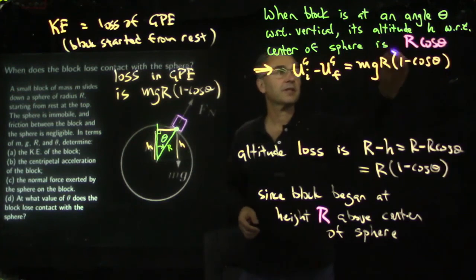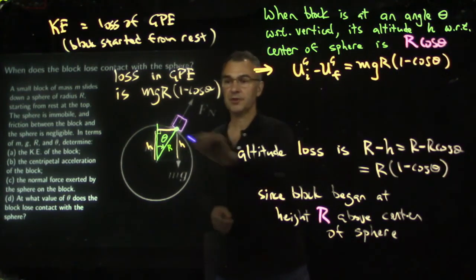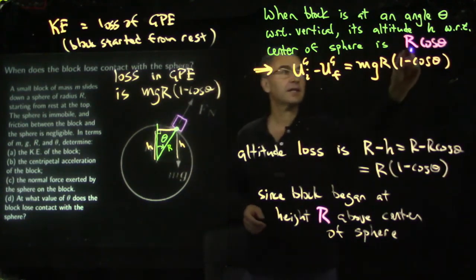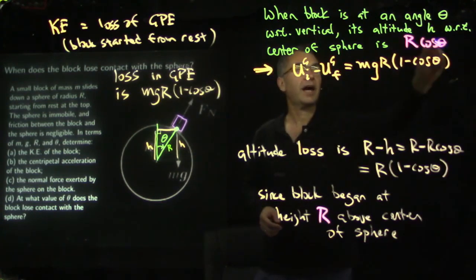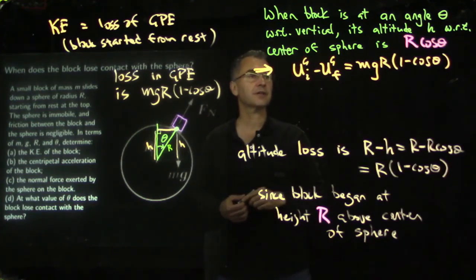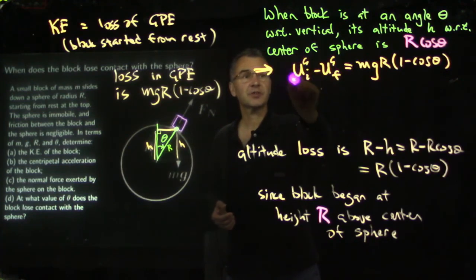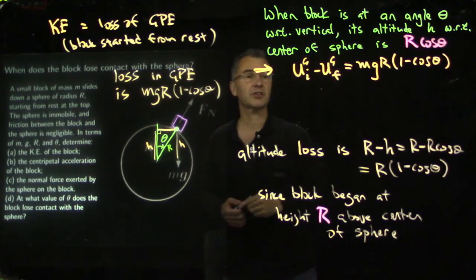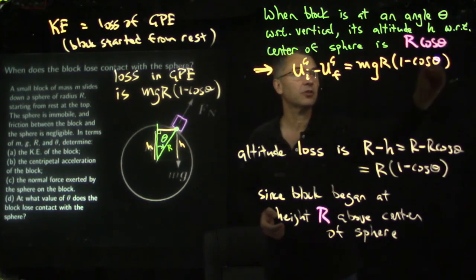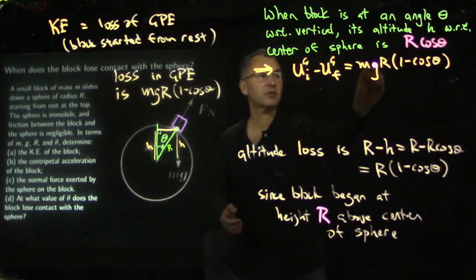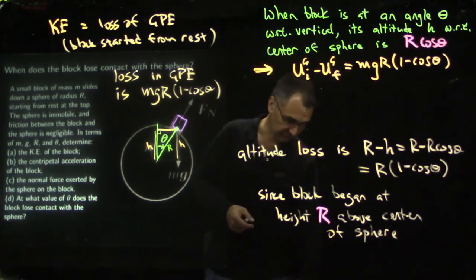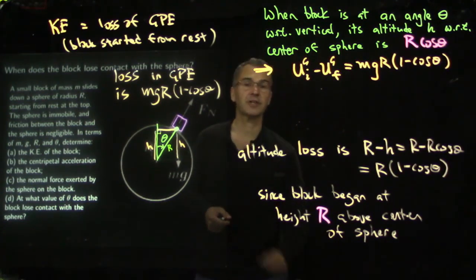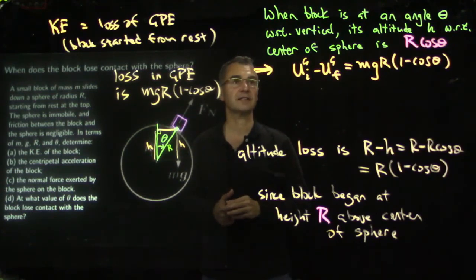So the block started out at a height r above the center of the sphere, and now once it's at an angle theta with respect to the vertical, it is at a height r cosine theta with respect to the center of the sphere. So the initial gravitational potential energy minus the final gravitational potential energy is mgr times 1 minus cosine theta, because initially it was mgr and then later it's mgr cosine theta. So this loss in gravitational potential energy equals the block's gain in kinetic energy.